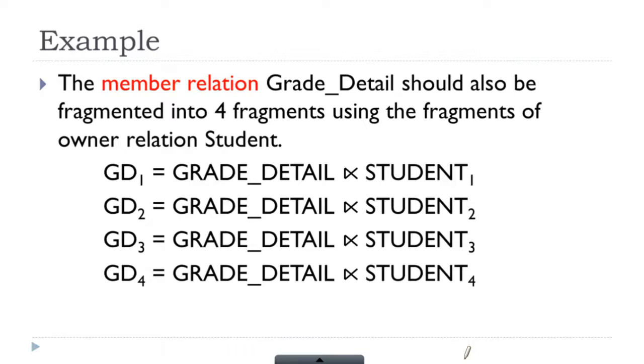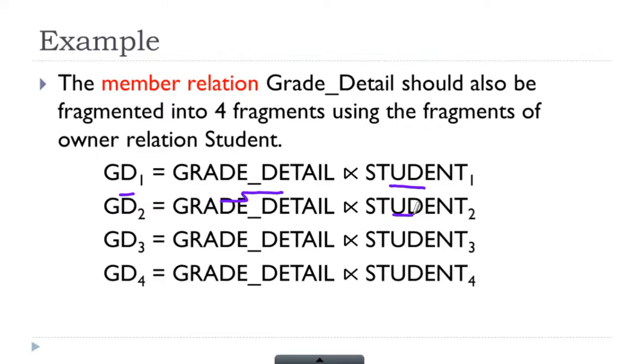So how did we apply this semi-join operation? We create grade detail 1 by performing the semi-join between grade detail and the student table. Student 1 is the fragment that resulted from applying min-term predicate 1. Likewise, for GD2, the same grade detail table is semi-joined with student. Assume student 1 has 10 records, and grade detail has all the records.